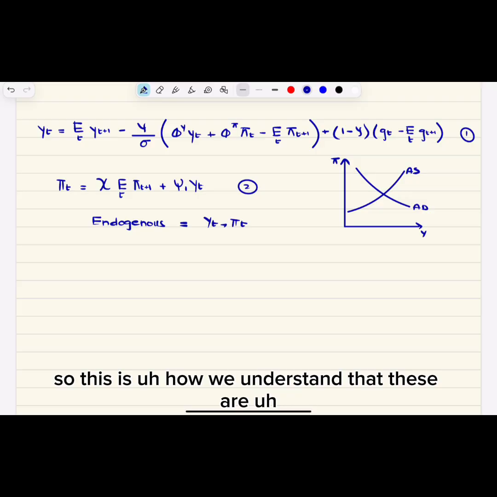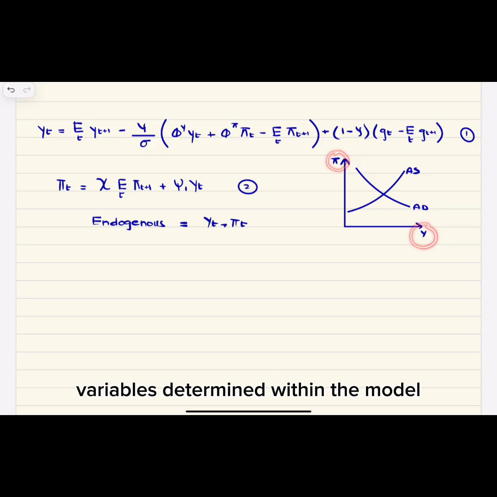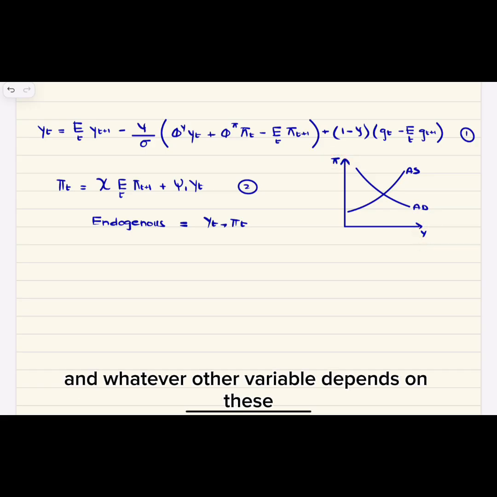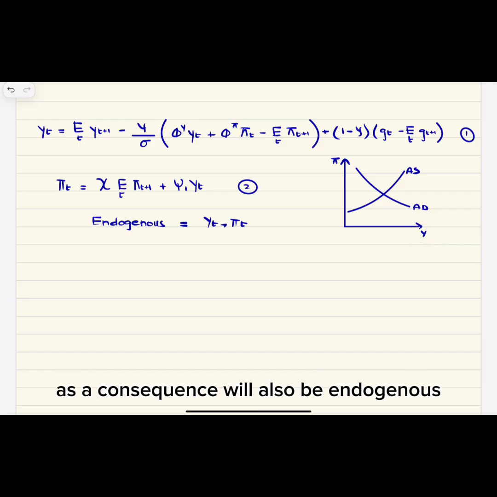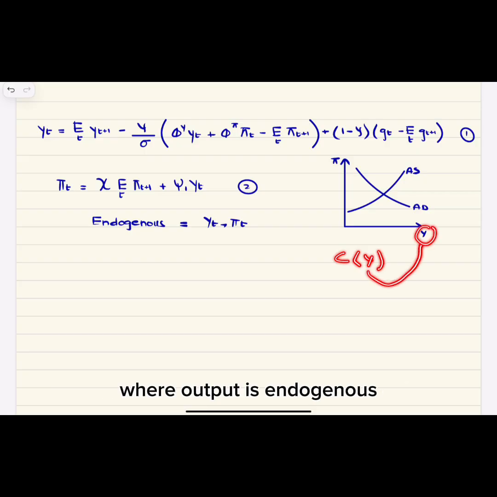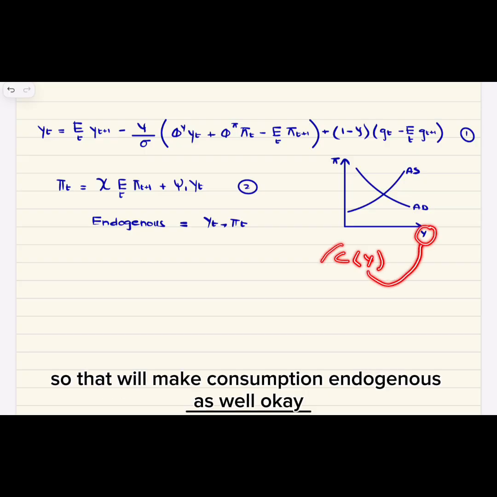So this is how we understand that these are variables determined within the model, so they are going to be endogenous, and whatever other variable depends on these as a consequence will also be endogenous. If I say consumption depends on output, where output is endogenous, that will make consumption endogenous as well. Okay, moving on.